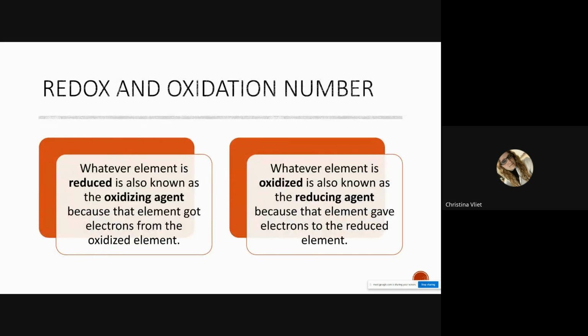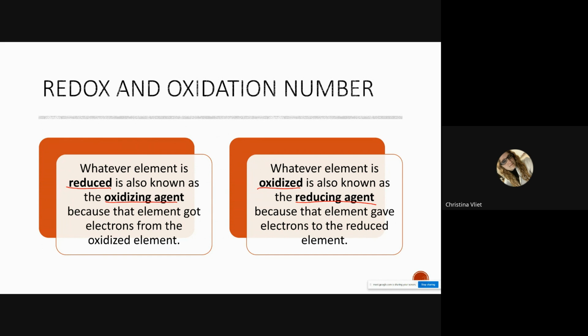And then the final thing here, before we get to some practice exercises, is what is an oxidizing agent and what is a reducing agent? I don't know if you remember this, but whatever is reduced causes the other element to be oxidized.